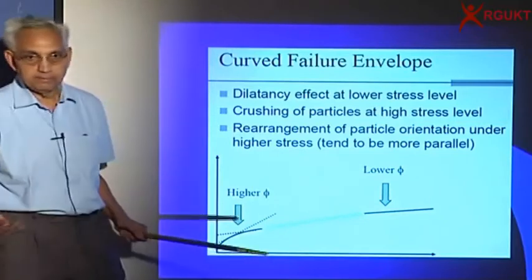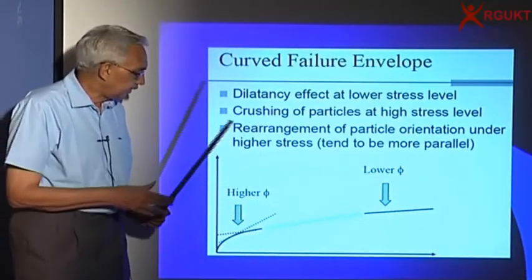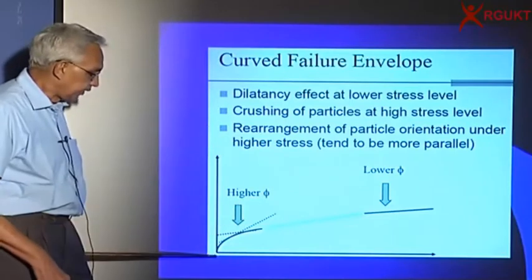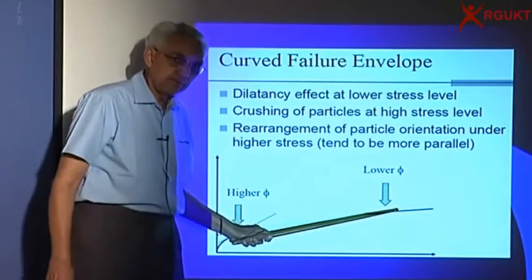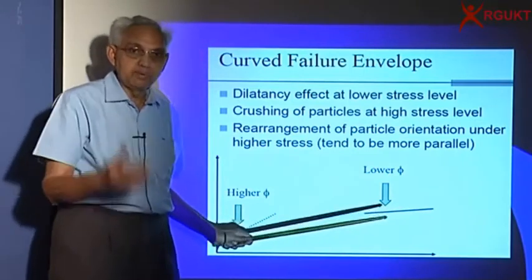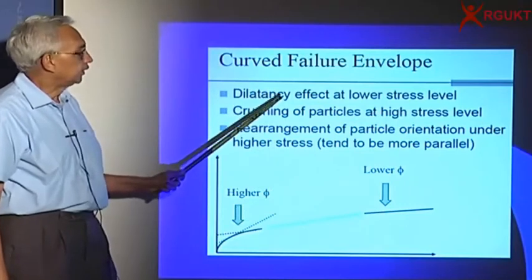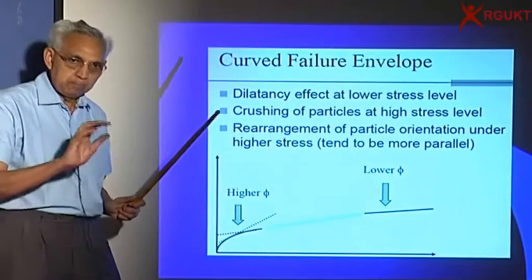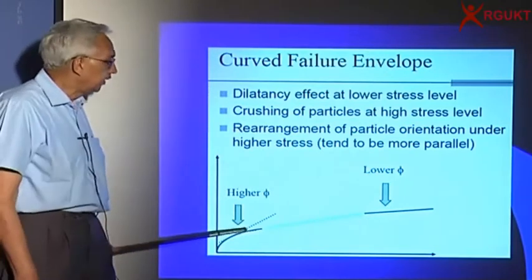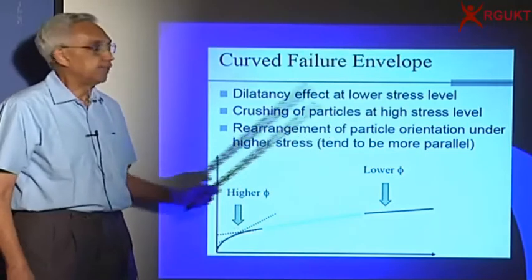In case of compacted soils, even in sands, at low confining pressures, you get a very high friction angle. At higher confining pressures, you get a smaller angle of shearing resistance, because of three effects. You may have dilatancy, particles will move up much faster if the confining stress is less. If the stresses are very high, the particles may crush.